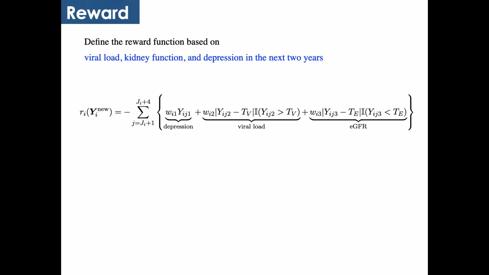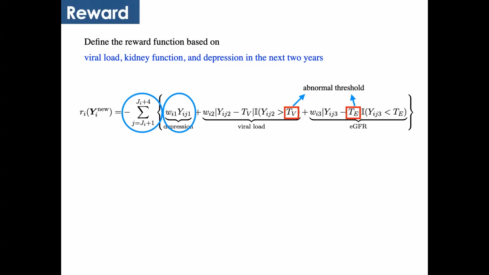Can you explain whether this reward is a subject specific reward? Yes, it's subject specific. And here, it's 4 visits, so 2 years. We know the depression is smaller the better, right? And for very low EGFR, as long as they're in the normal range, you don't need to optimize further.